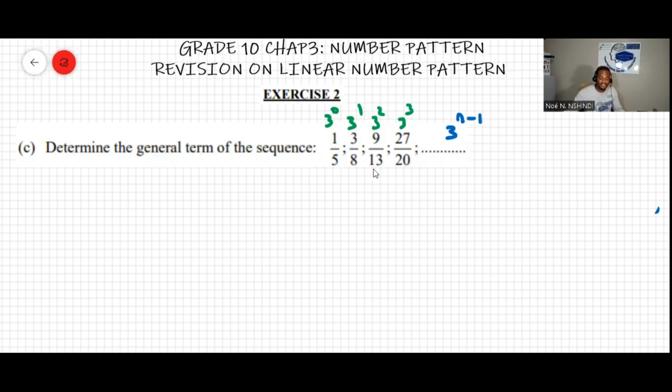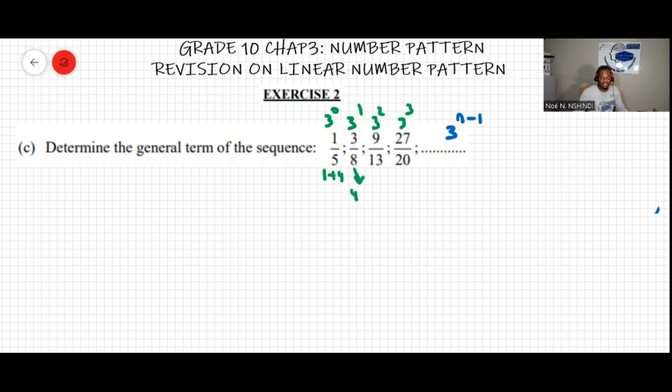Now at the denominator, we can notice that it doesn't have a constant difference. The first difference is not constant, but if you do the second difference, as we did in question B and A, you notice that the second difference is constant. So we call it a quadratic pattern. In this case, we look at the square numbers that we know. The first square number is 1. To get 5, we plus 4. The second number is 4.